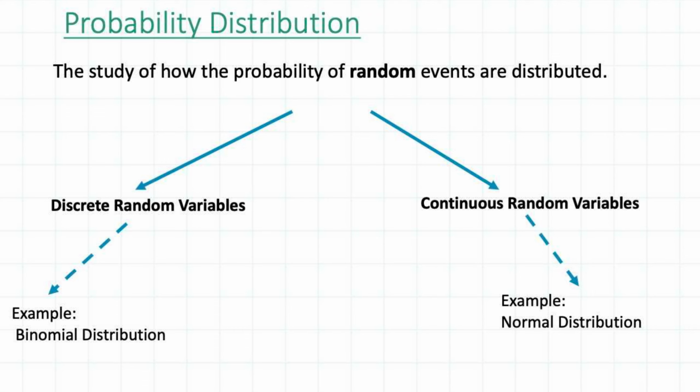So for example, if I say, what's the probability that X is equal to 2? I'm asking what's the probability that I get 2 6s when rolling the dice 3 times.